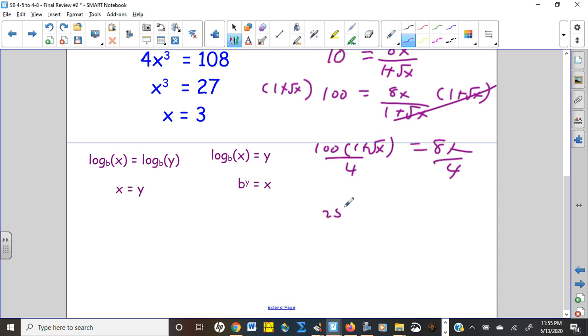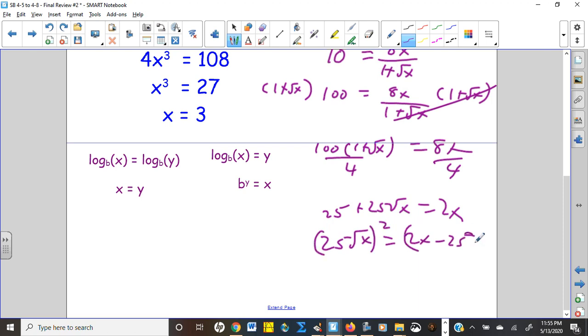So remember, this was 25. So 25 plus 25 root x is equal to 2x. So I would do 25 root x is equal to 2x minus 25. Now you could probably square them a little bit easier.